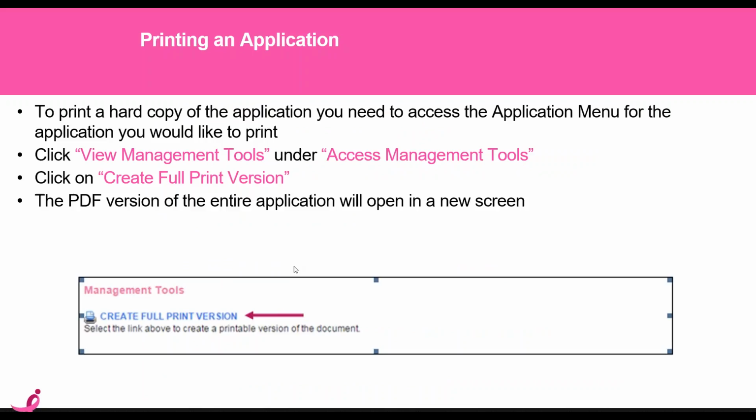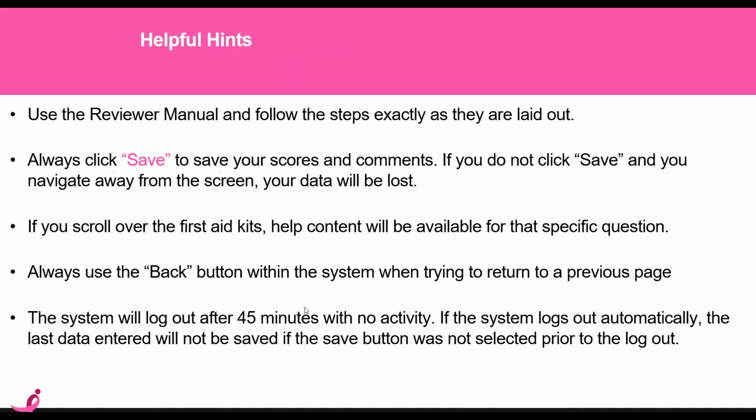You would click on that, and then there's a list of options, but at the very top it says create a full print version. If you click on that, it will create a PDF that you can then print and take notes on, and read on paper if you don't want to read it on your computer. So that is an option.